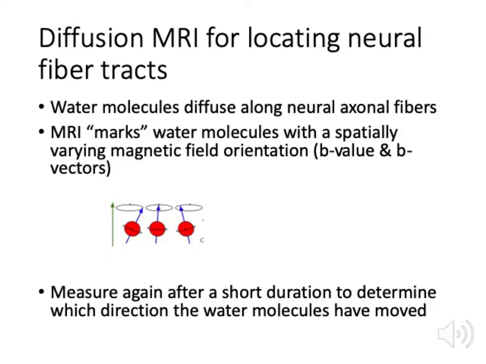These red spheres represent individual water molecules present within the neurons of a brain. When they come into contact with a magnetic field, which is indicated by this green light direction here, water molecules will start resonating at a specific frequency.